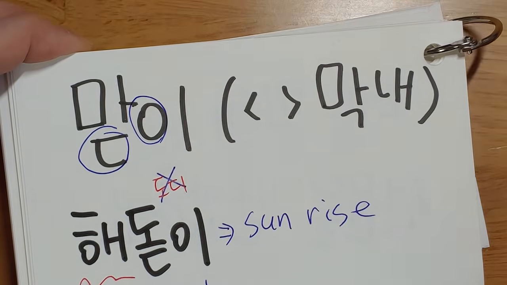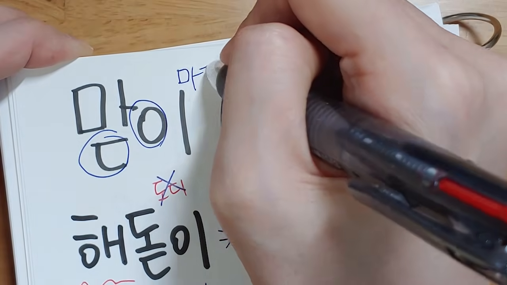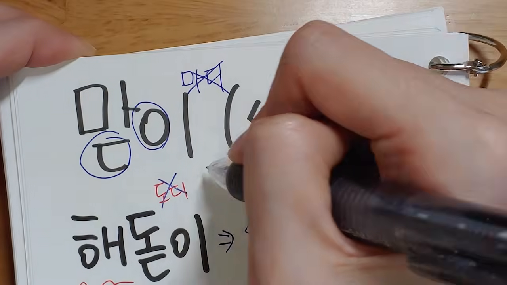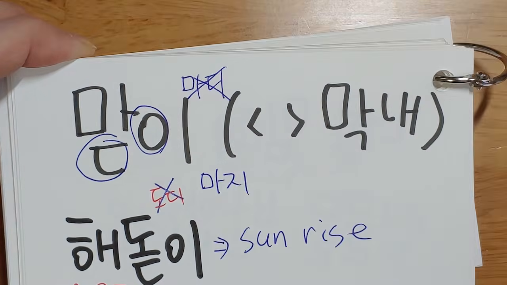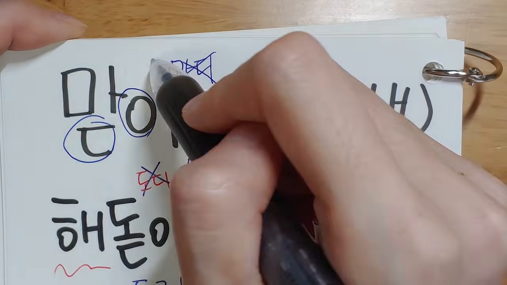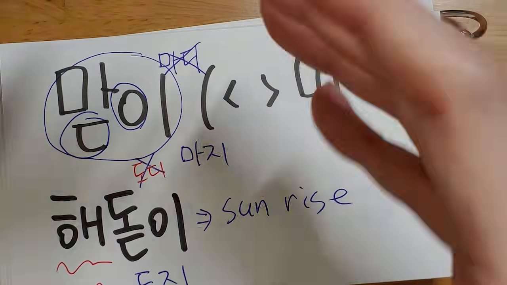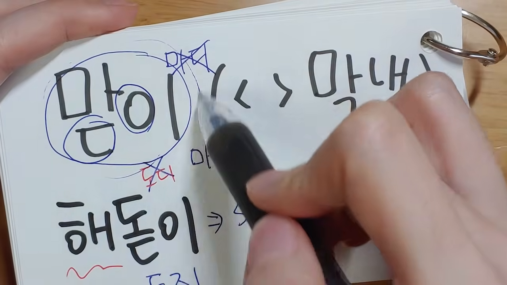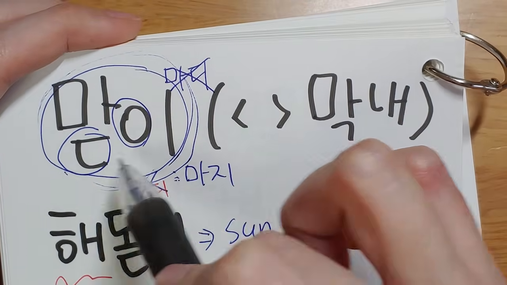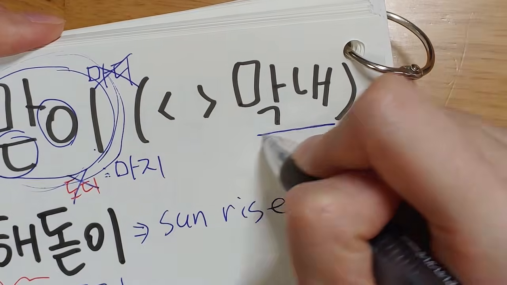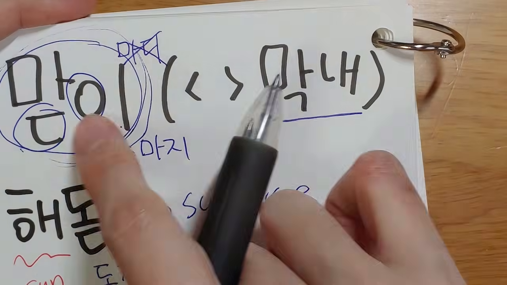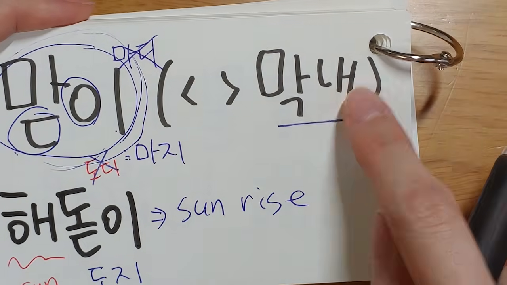And this one is also an irregular pronunciation. It's not 마디. It should be pronounced 마지. And 마지 means the oldest one. In a group or in a sibling group, it means the oldest person, 마지. And the antonym of this word is 막내.